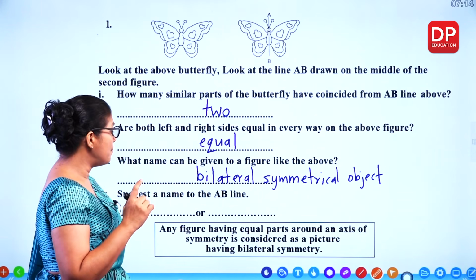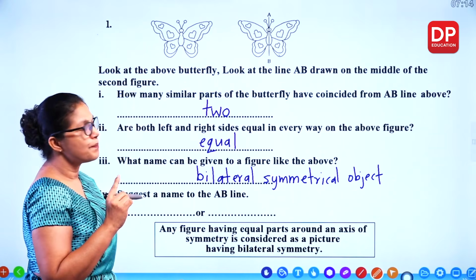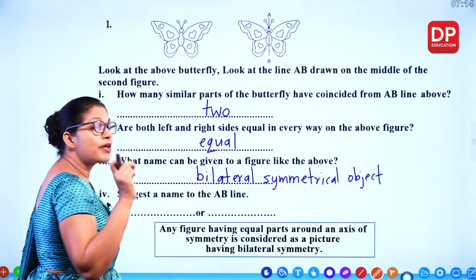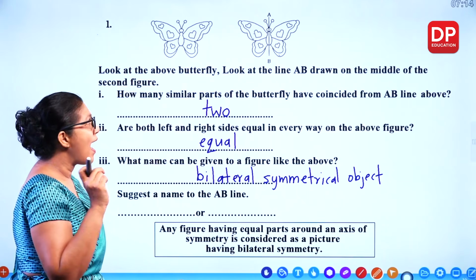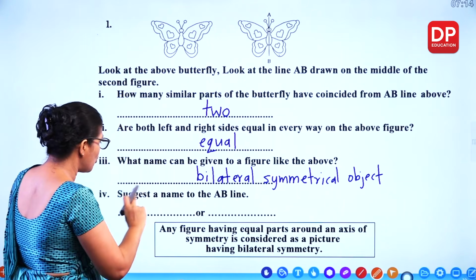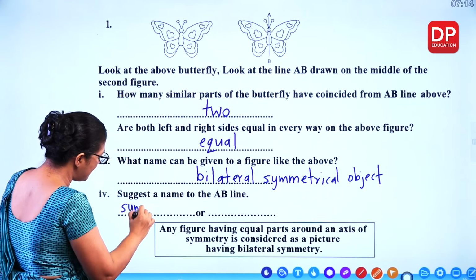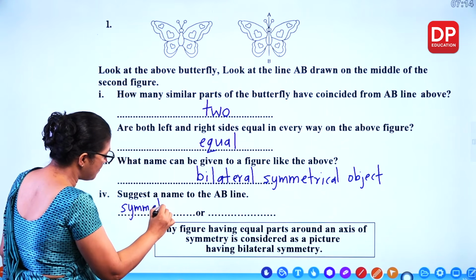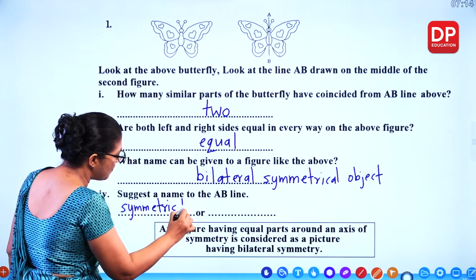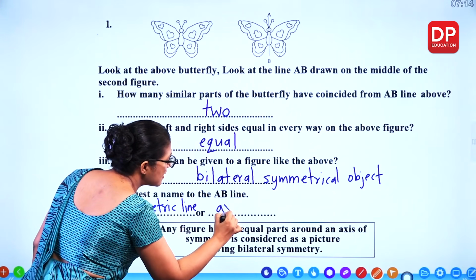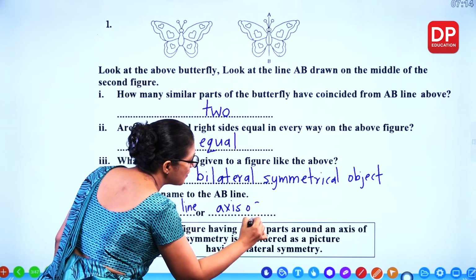Suggest a name to the AB line. So we can say this one is symmetric line or axis of symmetry. So you can use two names, symmetric line or axis of symmetry.